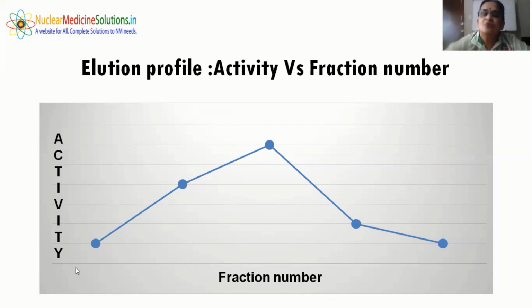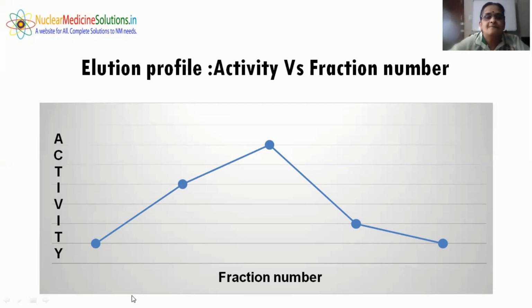Now this elution profile is nothing but the graph of activity versus fraction number. Like for the first fraction of the eluent, when you push it into the generator and get this first fraction in your yield, that has to be measured as the activity.